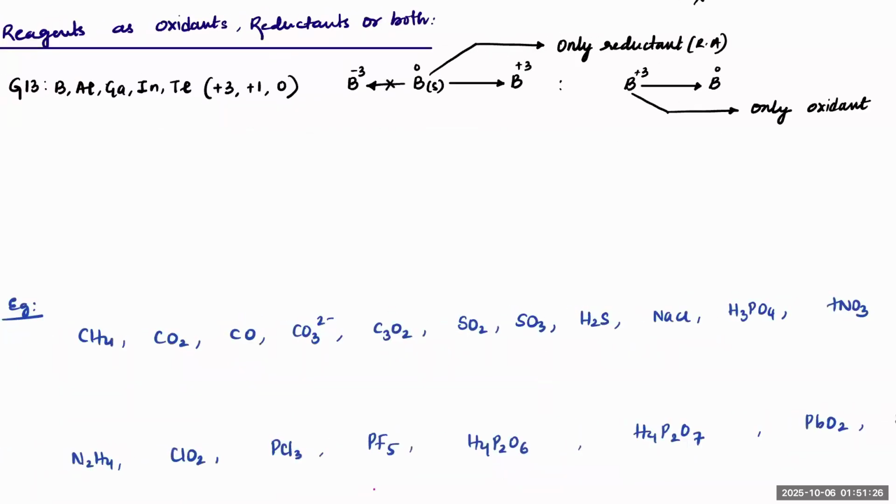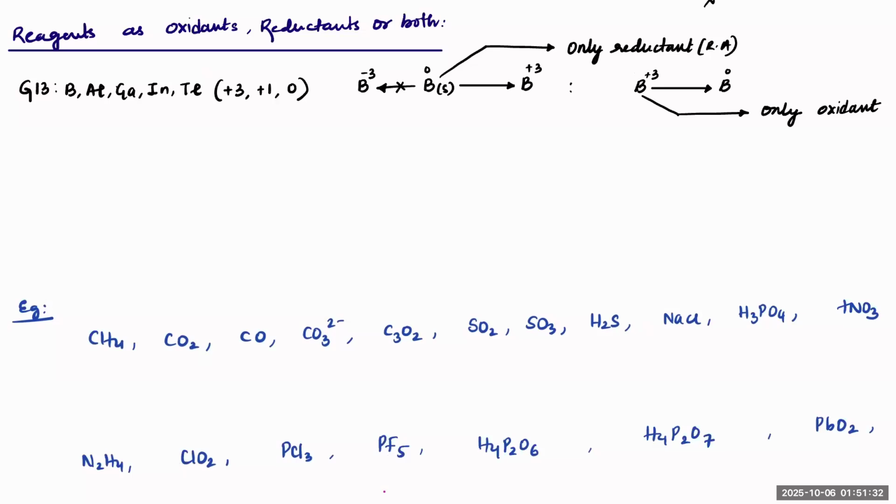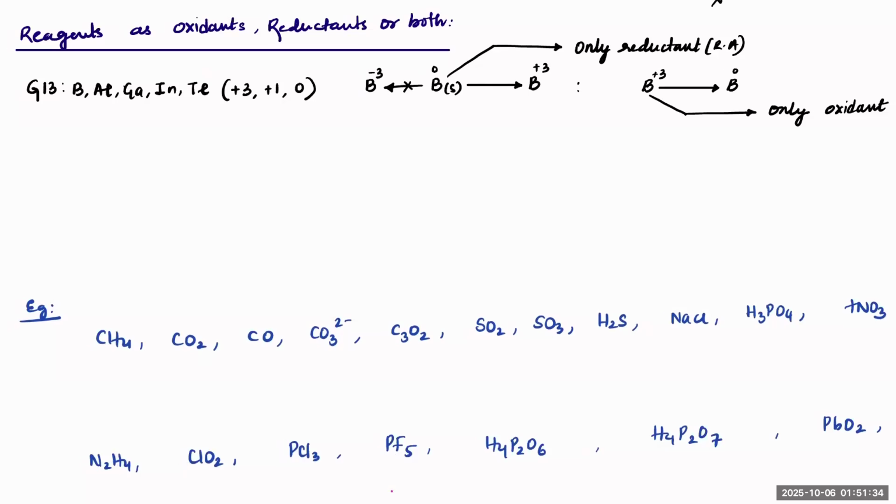Clear? I guess this idea is clear, everybody. If you just know the boundaries of these elements, whether it will go towards the positive side or the negative side, that is more than sufficient.